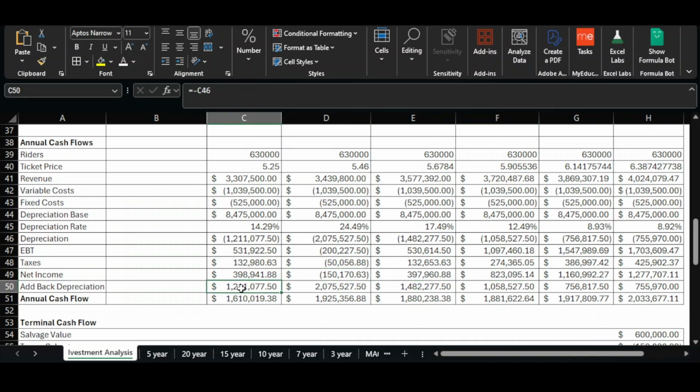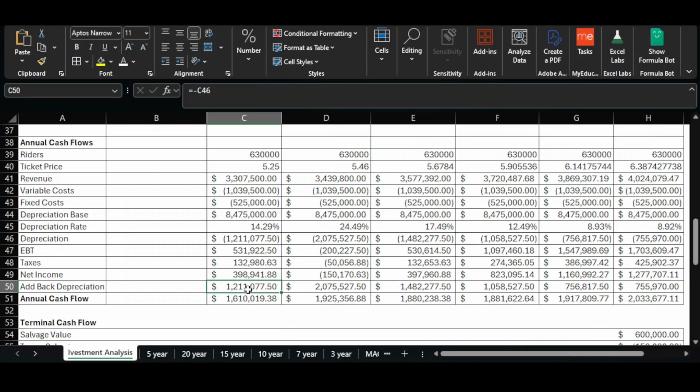And then of course you need to add back the depreciation because it was deducted earlier in the EBT over here. The reason for that is that depreciation is not considered part of a cash flow. So you need to add it back so that it gets accounted. I mean, it doesn't get removed from the accounting of the annual cash flow.